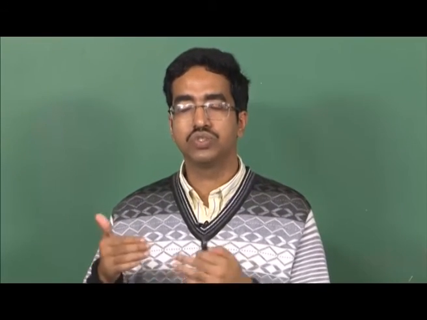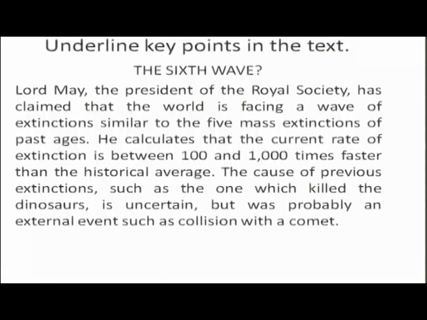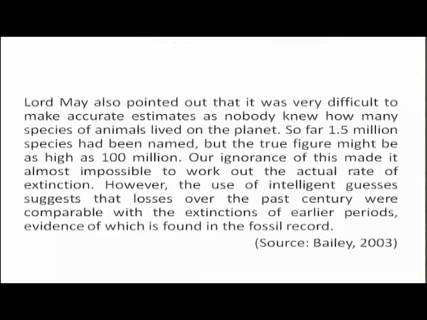There are two issues. One, the actual number of species is still not known, and we have also been very ignorant of this. As a result, we do not actually know the exact rate of extinction.